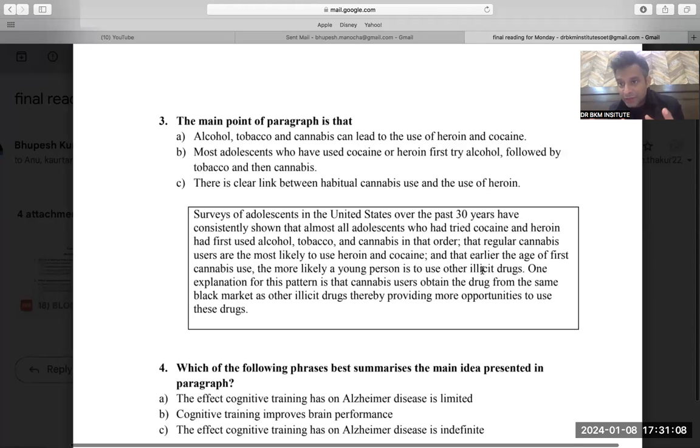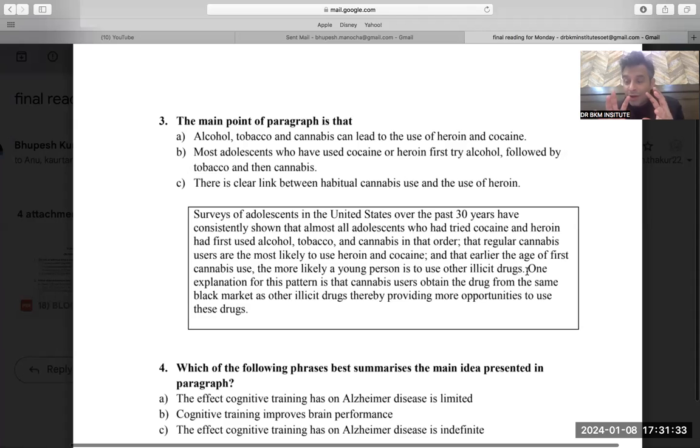So the paragraph is going again: if you use alcohol at an early age, tobacco at an early age, cannabis at an early age, then it is more likely that person will use cocaine and heroin. Till now the paragraph was this, but this is the main line, the last line. One explanation for this pattern is that.